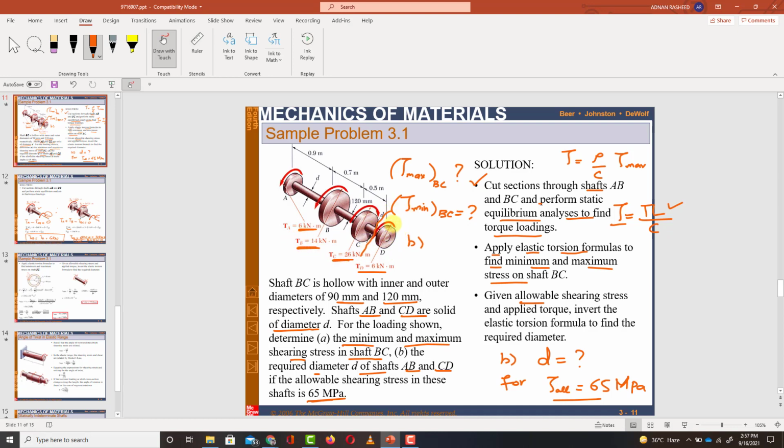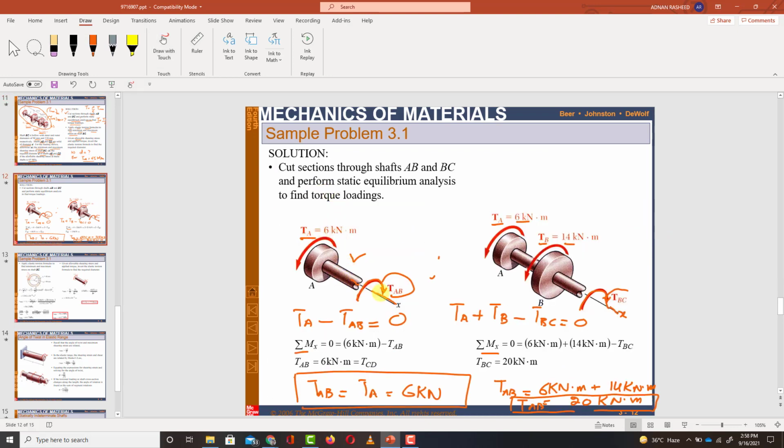But if you remember, the torque in CD is also given at the end. TD is equal to 6 kilonewton meter, because you take the whole body, which is in balance. So here also the torque will be 6 kilonewton meter. So we will find the diameter for 6 kilonewton meter, which was the torque in AB.